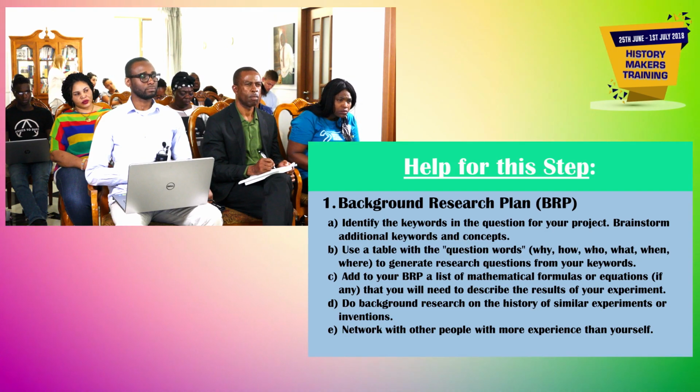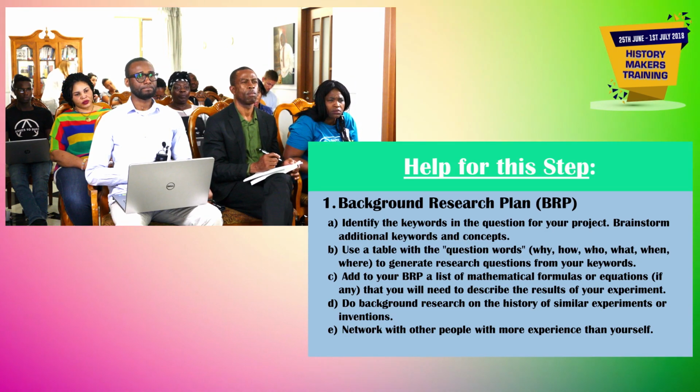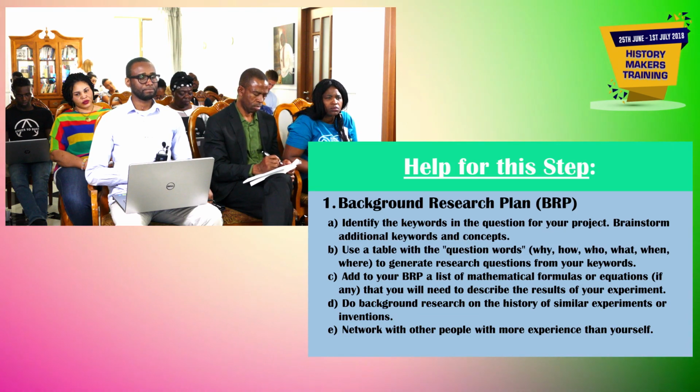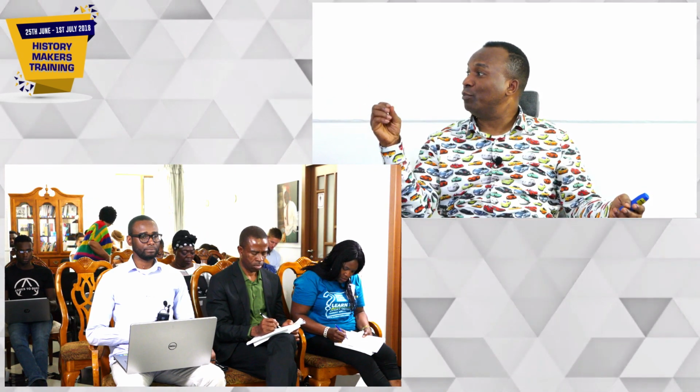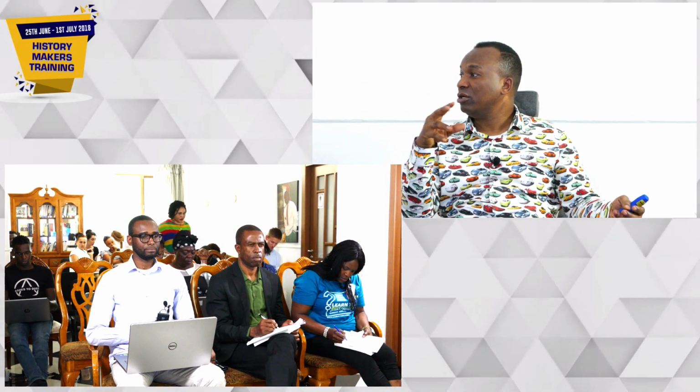I think this is very clear. It's just talking to you about, when you are going to do research about that thing, get the maximum information. And how do you get the maximum information? By asking these questions: why, how, who, what, when, where. And also by putting in the keywords about that topic that you are researching.